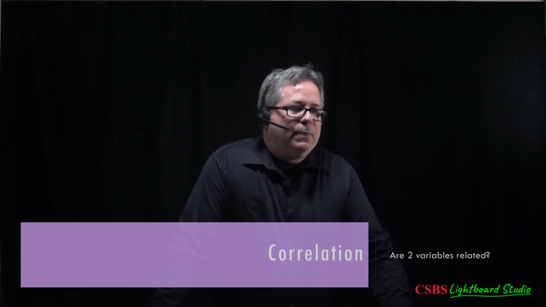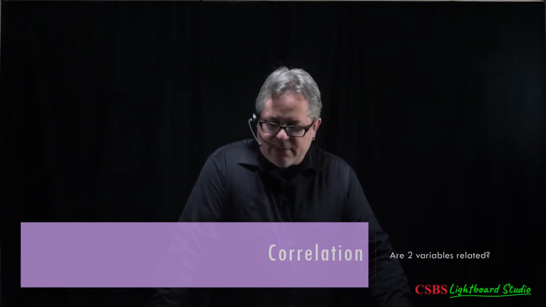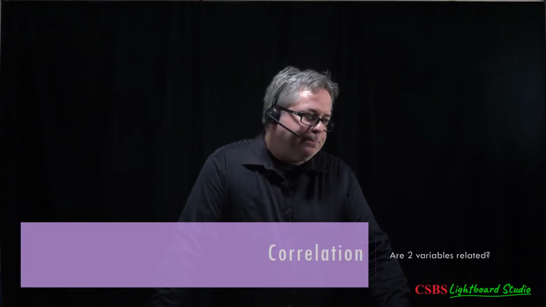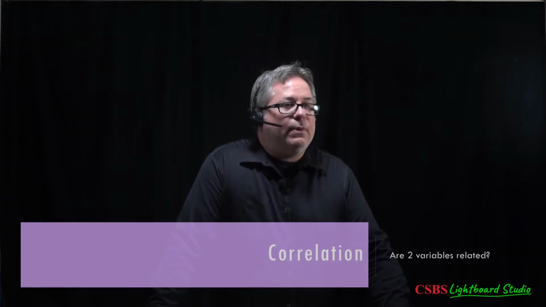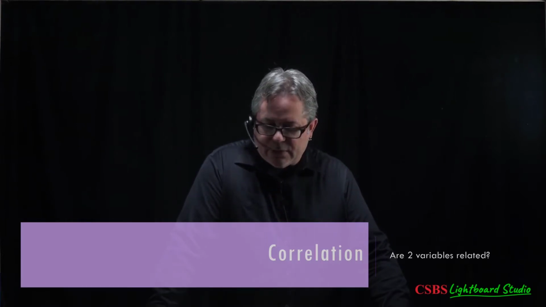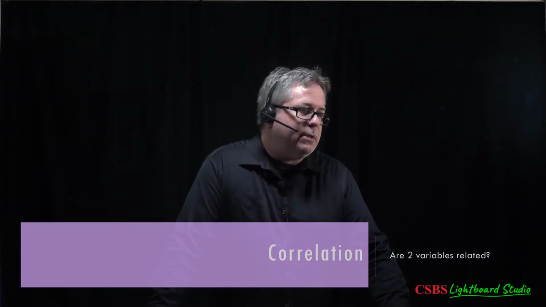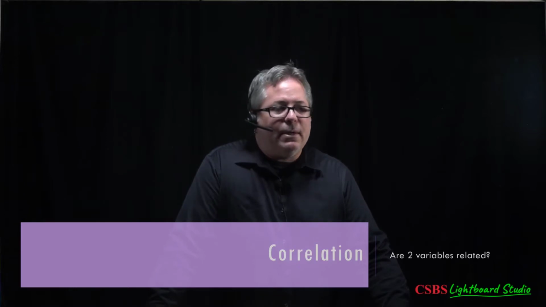So I want to talk about it again here. Again, this is not meant to be super in depth, but just to refresh our memories about it and how correlation is measured. Because when we start talking about the very next topic, which is on Thursday, we'll talk about classical test theory and reliability.